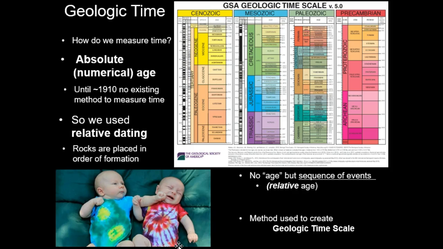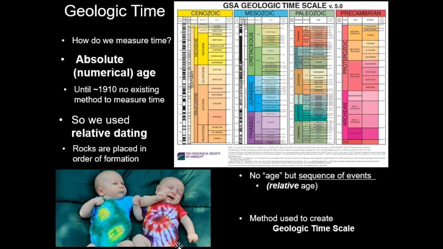And sometimes we are able to do this through methods such as radioactive dating, which is a method that only came about in the 1900s, and one that we will cover later in the lecture. However, this is not always the case.